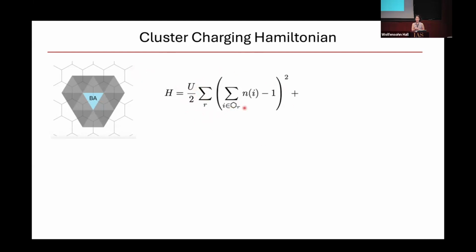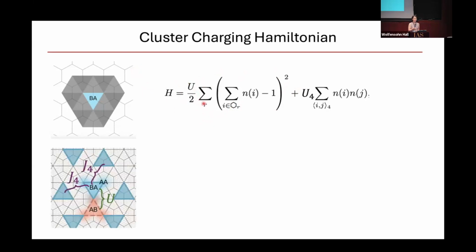Writing in terms of an equation like this helps us see how we would go beyond this setting, because nature does not like degeneracy. If we engineer ourselves into a setting where you are guaranteed to have extensive degeneracy, perturbations away from it would break that degeneracy. Now that we've written down this cluster charging term, we can immediately see interactions going beyond this.